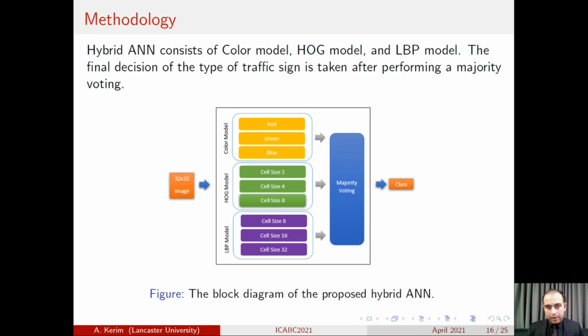That will allow the model to capture different levels of detail regarding the image that we are trying to classify as a traffic sign class. After that, these submodels make predictions for the category of the traffic sign, and using a simple majority voting mechanism, we decide the final class.